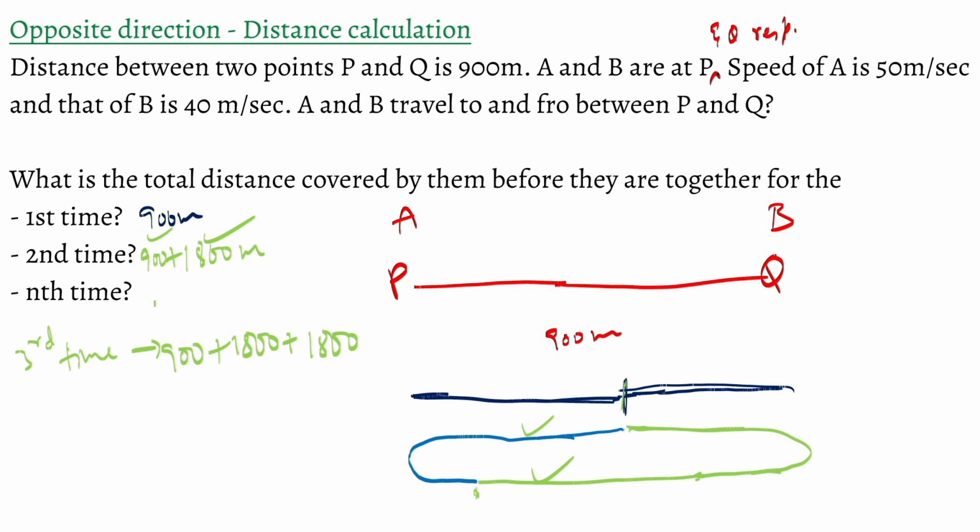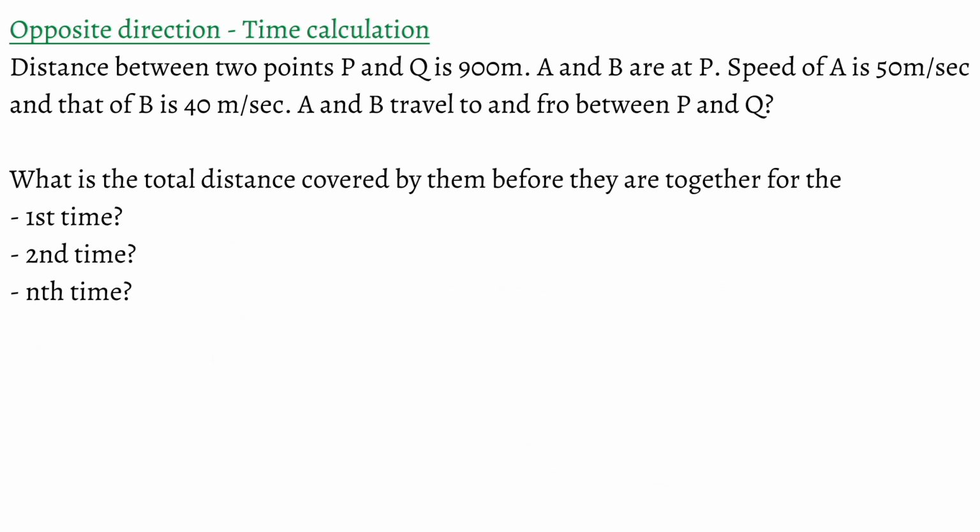Nth time it's 900 meters initially plus n minus 1 into 1800 meters. So if it were 100th time, then the value must be 900 plus 100 minus 1, that is 99 into 1800 meters in this case.